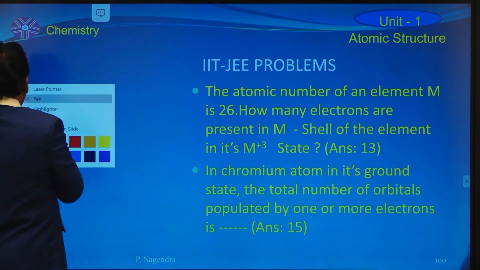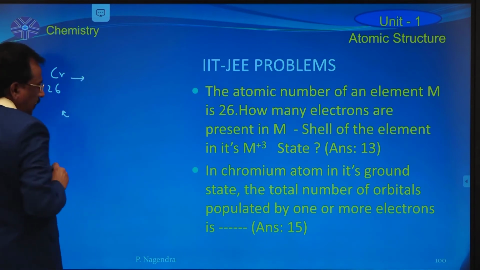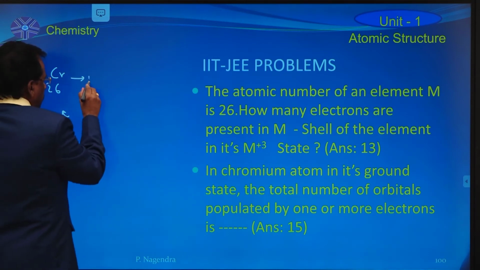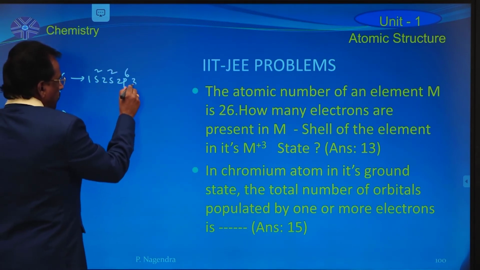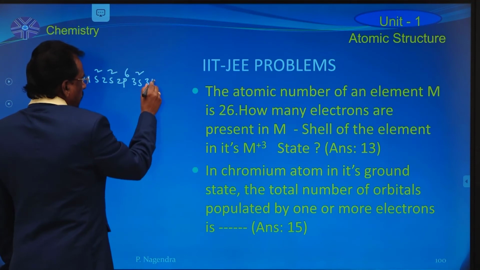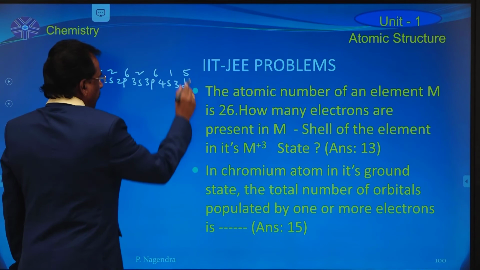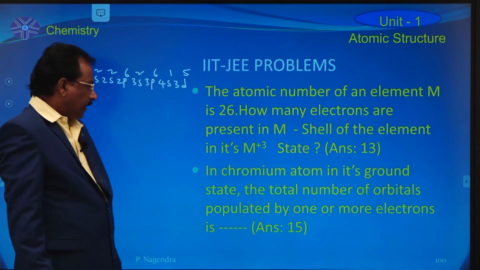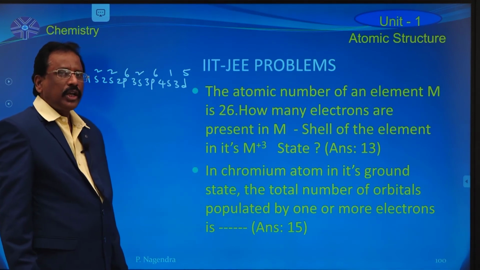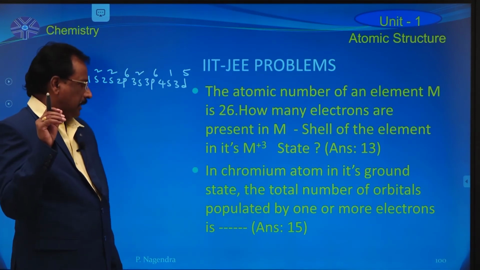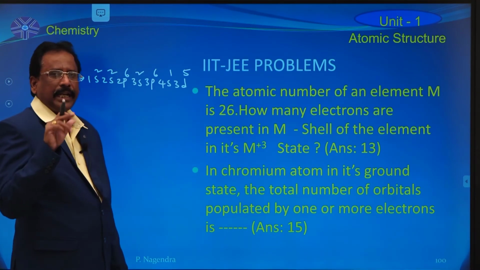Chromium atomic number is 24, its configuration is 1s2, 2s2, 2p6, 3s2, 3p6, 4s1 and 3d5. This is the abnormal electronic configuration of chromium. You should remember the atomic numbers of the first transition series elements in the d block, compulsory.